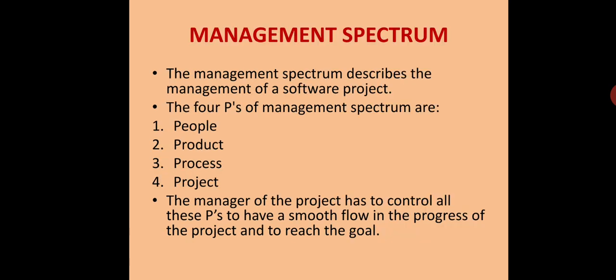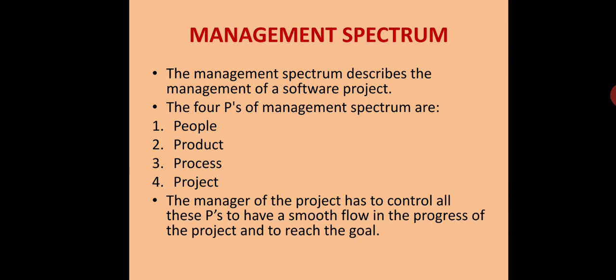The next concept is management spectrum. Now management spectrum actually describes the management of a software project. In simple terms, it is just the 4 P's. The 4 P's which make up the management spectrum. One is people, second product, third process, fourth project.